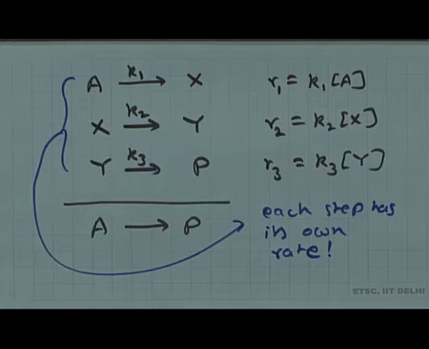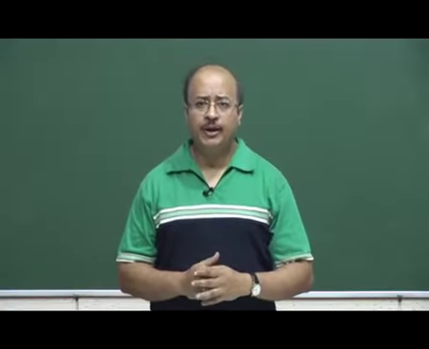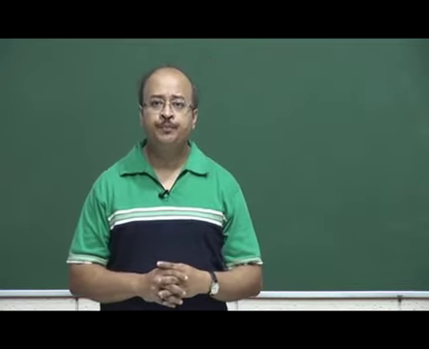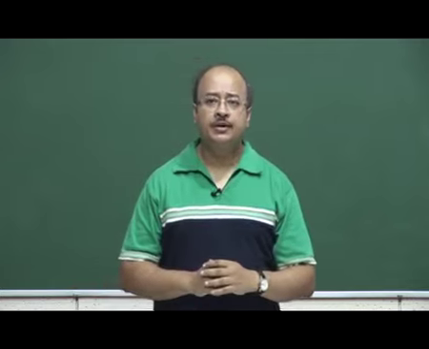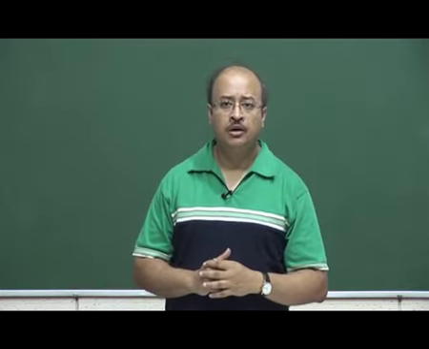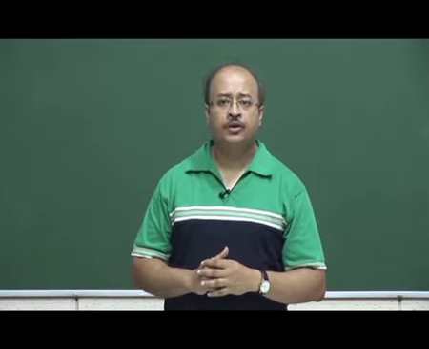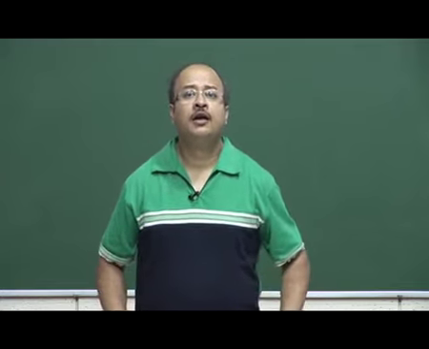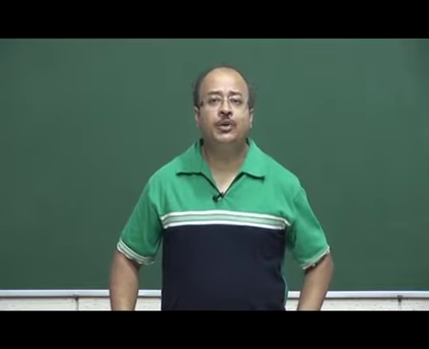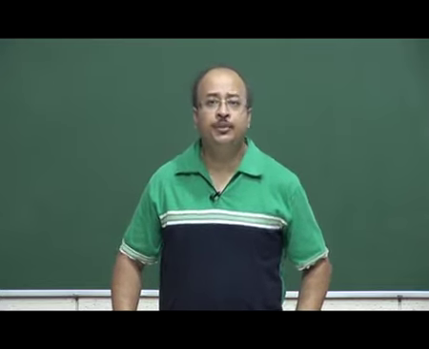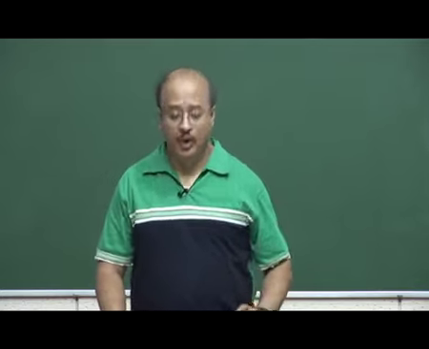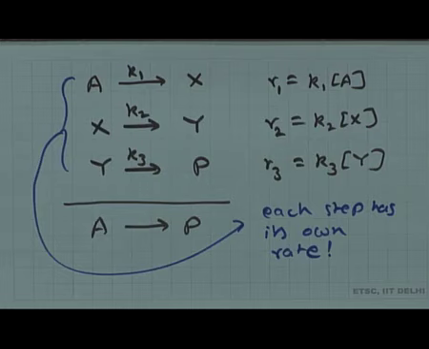So, the next question that comes to your mind is, if my composite or complex reaction mechanism is composed of 3 such elementary steps, each having its own rate, then what will the final rate of the reaction A going to P depend upon? It can depend upon A going to X, it can depend upon X going to Y, it can depend upon Y going to P, right.